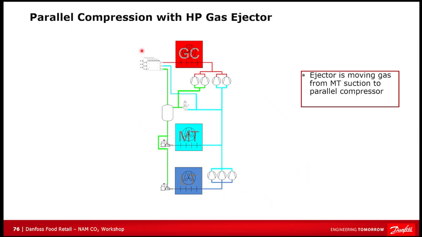It is intended to replace the high pressure valve. So all of the logic that we've covered in our earlier sessions on the high pressure valve, the ejector is using that same decision making and logic to decide how to control the ejector as well. If you recall back on that lesson, we were looking at our gas cooler outlet temperature, and that dictates the pressure target we want to control to out of the gas cooler.